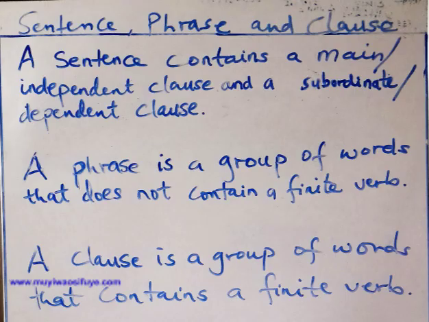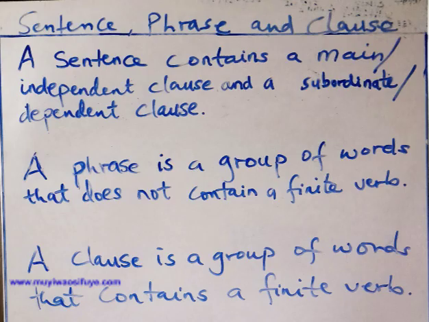You must also note that whatever expression is underlined and given to you in the passage will either be a phrase or a clause. If the given expression contains a verb, it is called an adjectival clause. But if it does not contain a verb, it is called an adjectival phrase.